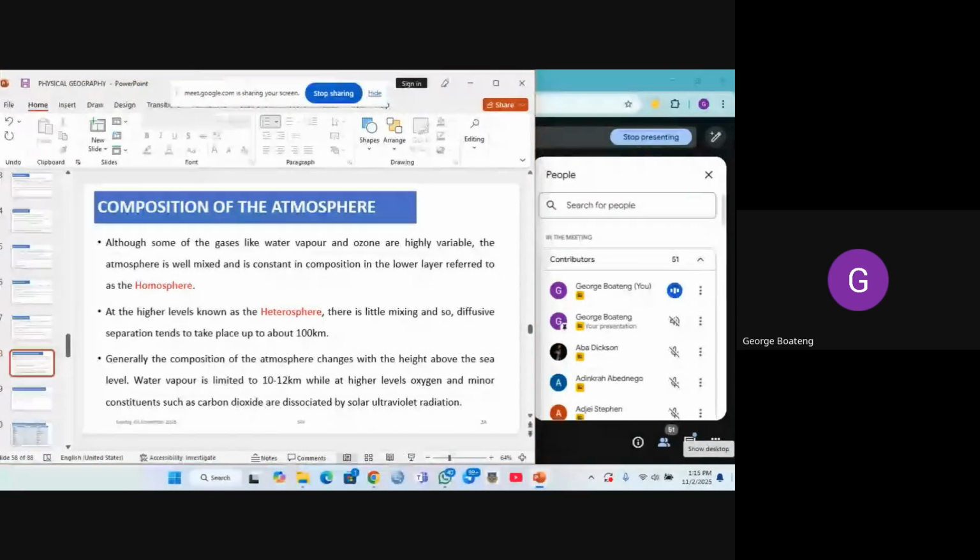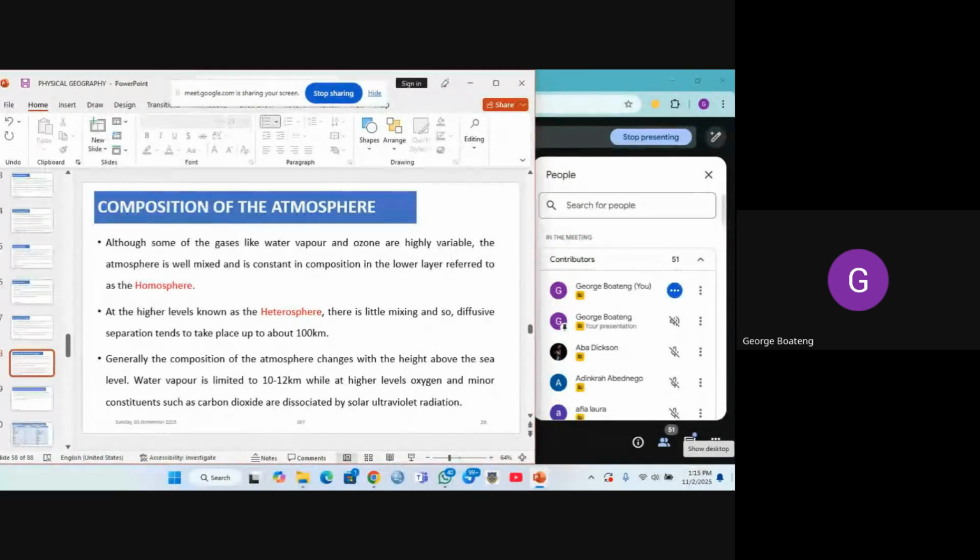Now, with that, on the composition of the atmosphere, we say the atmosphere is broadly divided into two main layers in terms of what it is composed of. The first one is homosphere, and the second one is heterosphere.